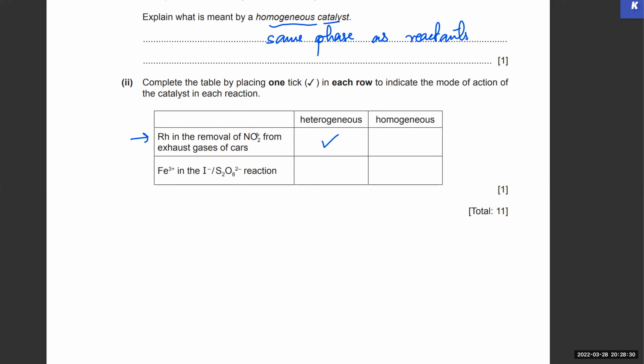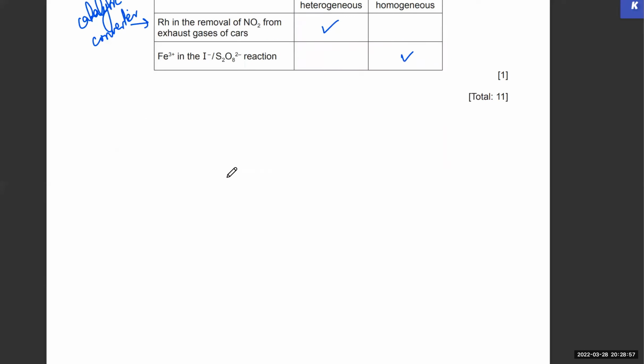This one over here is the catalytic converter, where you have either platinum or palladium or rhodium catalyst, and it removes the NO2 gases. So that's a different phase. This one is an example of a homogeneous catalyst where all of them are ions. The catalyst is an ion, and whatever the reaction that's happening, those are also ions.